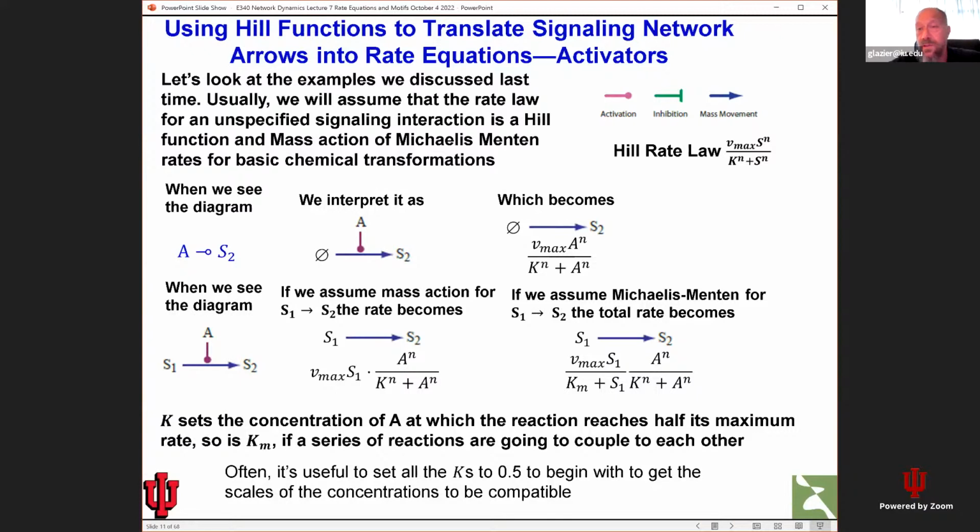So I showed these slides very early on in the class, but they probably weren't very meaningful when I showed them the first time. And I want to come back to these now. And so what we're going to do is we're going to start out with a diagram that looks like the one on the left here. A activates S2.